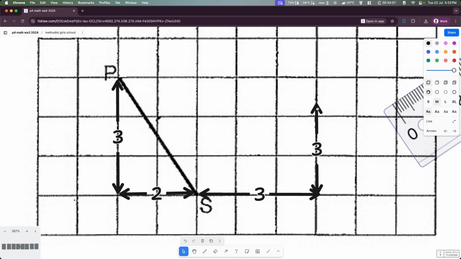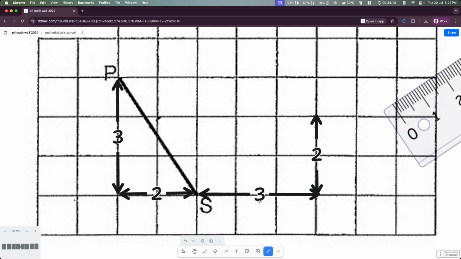We want to make it alternate, like this, because we want to get the next point, which is diagonally over here. Since we know one side of this triangle is 3, the side beside it should be 3, and where it should land is 2, because it's the opposite sides.